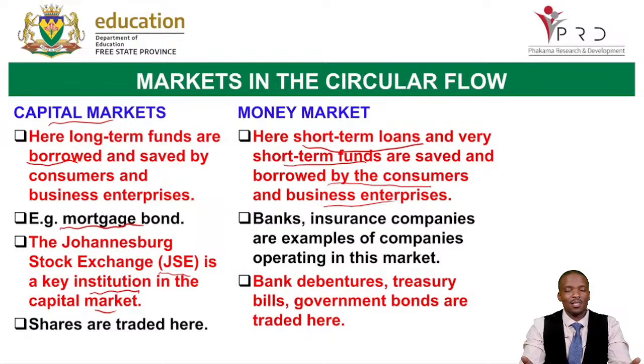You tell us that shares are traded in that one. Then on the other side, we ask you, well, we can say treasury bills or government or bank debentures. In which market are they traded? You need to know that they are traded in the money market.